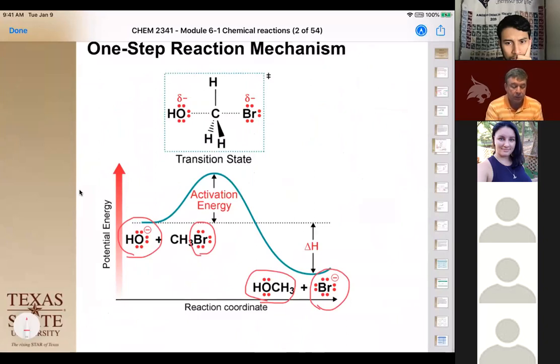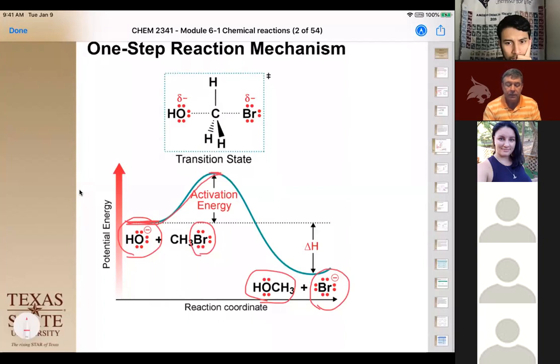Okay. We start with the potential energy of our materials, and then we have to heat it. We have to give it some kind of activation energy to get it to go to this transition state. And that transition state doesn't exist, we can't see it. It happens so briefly it's really hard to measure, but we know that one bond has to be forming at the same time one bond is breaking. Okay. Now, once we get to that point, it'll come down here and give us our products, our new sigma bond and our new ion.